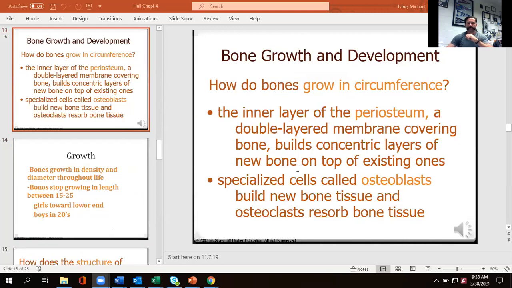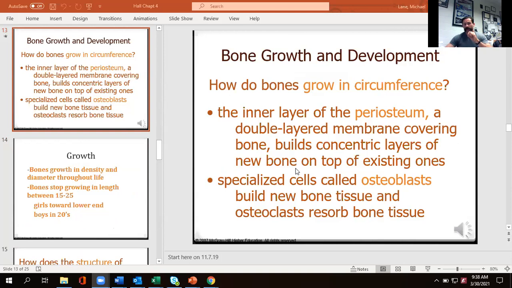Oh, sorry. Now, on the outside of the bone, we have what's known as the periosteum, okay? This is a membrane covering the bone, where we're going to be building concentric layers of new bone on top of the existing ones. This is being done by those cells I alluded to just briefly ago, which are known as osteoblasts.